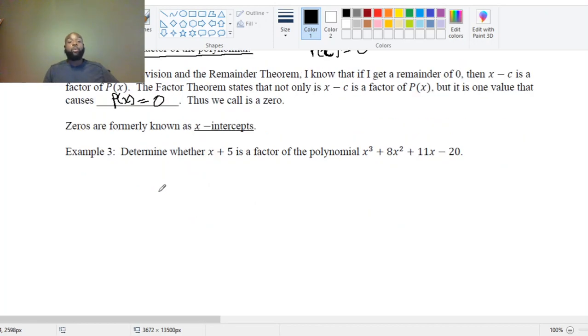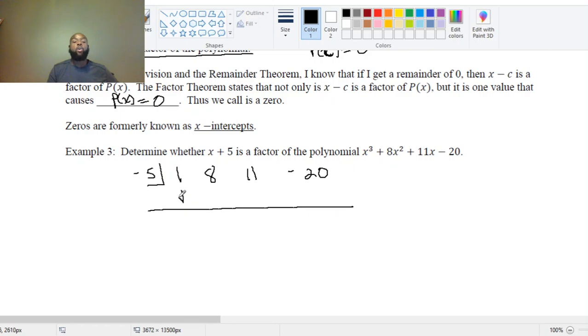And so we're going to use this information to determine whether x plus 5 is a factor of the polynomial x cubed plus 8x squared plus 11x minus 20. I'm going to use synthetic division. My c here is -5. I'll put my coefficients in my synthetic division chart and go through the process.